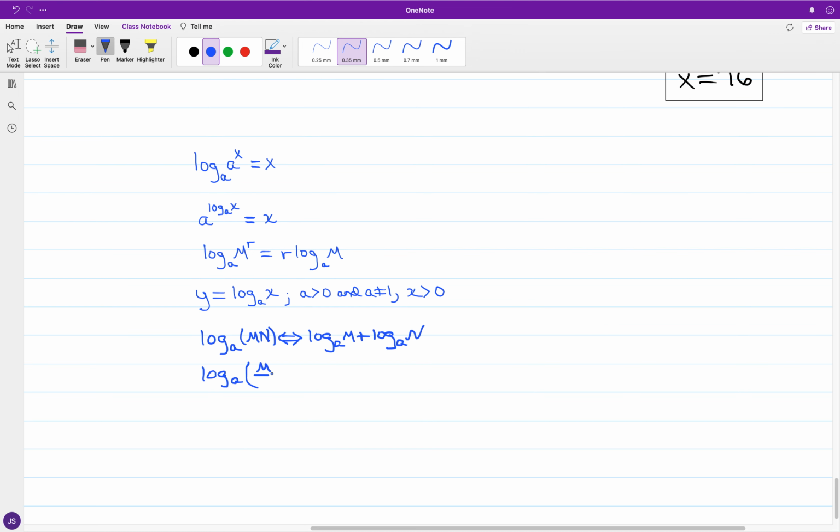And again, you have an interchange between division and subtraction.